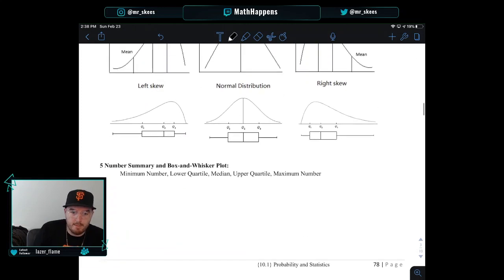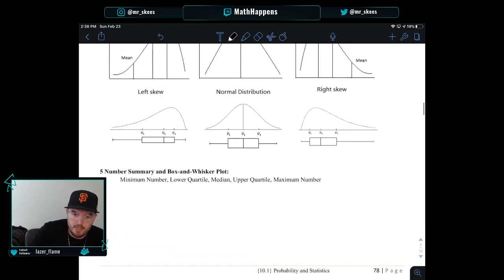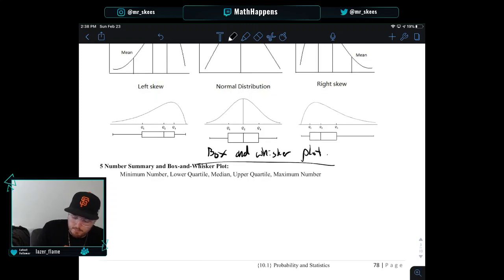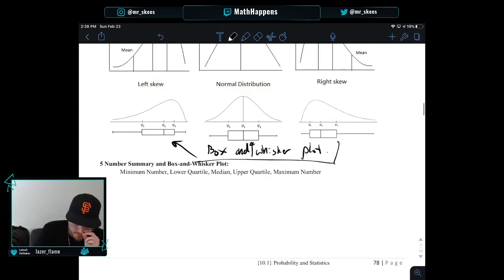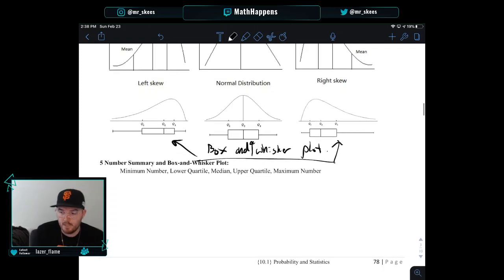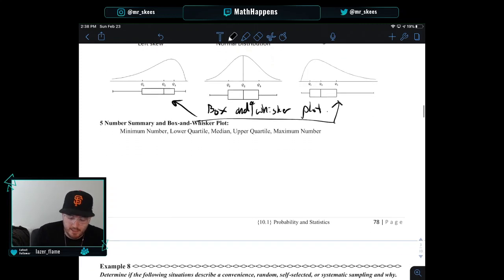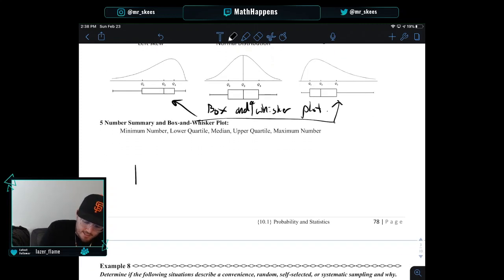So let's talk about this right here. These are box and whisker plots down here. Let's talk about these box and whisker plots. You don't need to draw those arrows. A box and whisker plot looks like these.